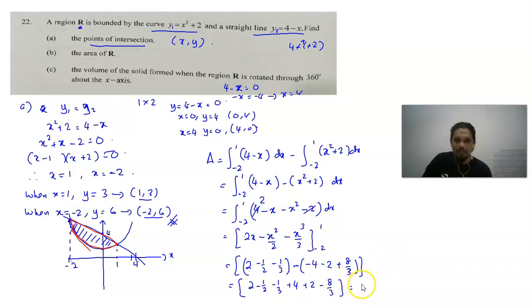What about this one here now? 2 plus 2 equal to 4, then plus 4 equal to 8.